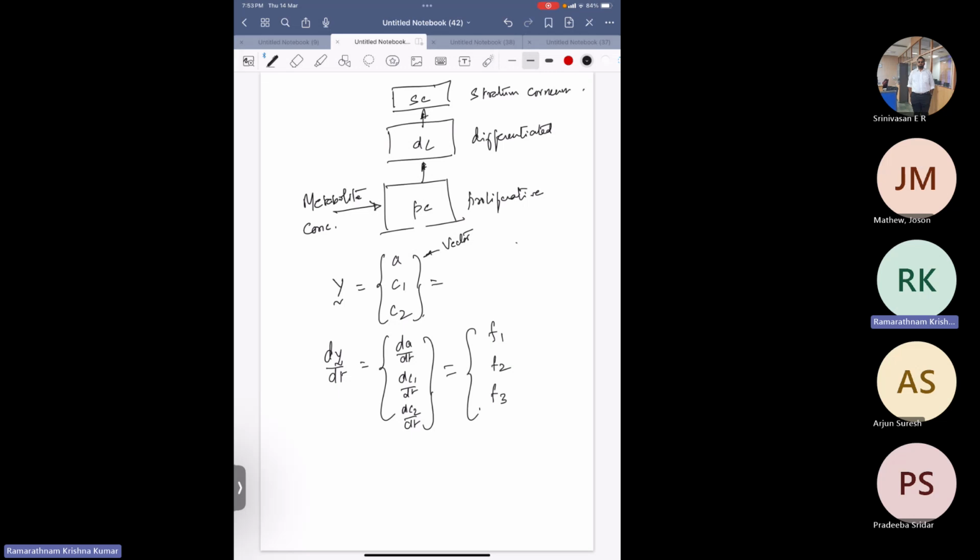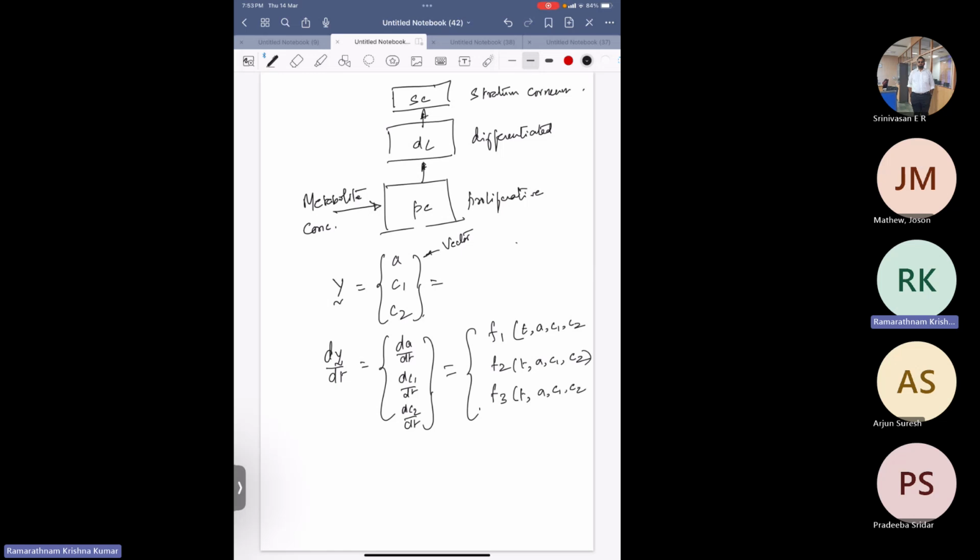Right? There are three functions. They are actually functions of t and y itself. The coefficient can be 0, doesn't matter. Without confusing you, let me write one more step: function of A, C1, C2, t, comma, A, C1, C2, t, comma, A, C1, C2.